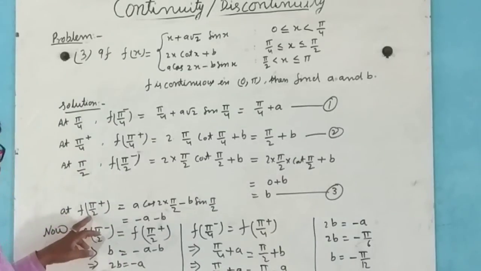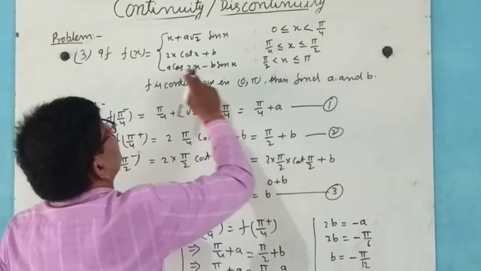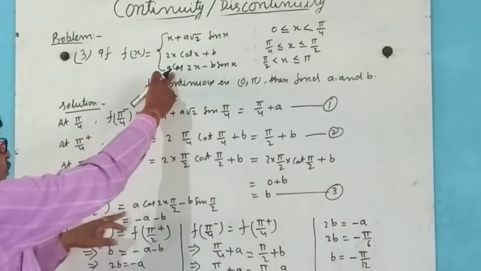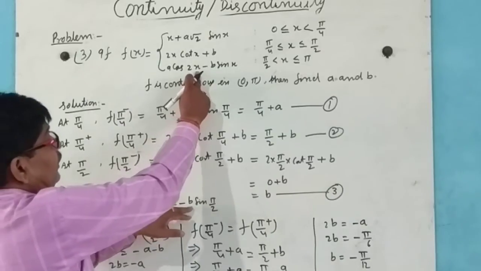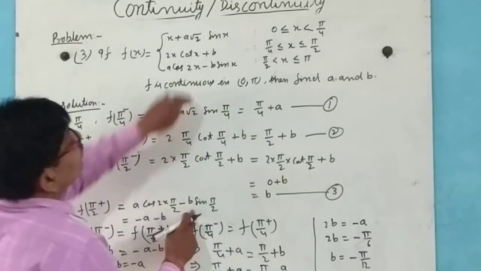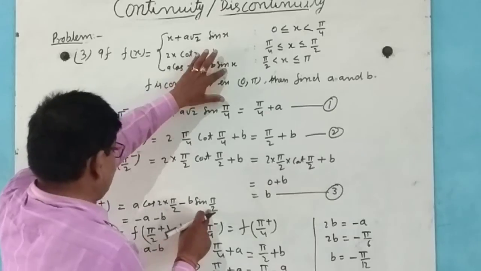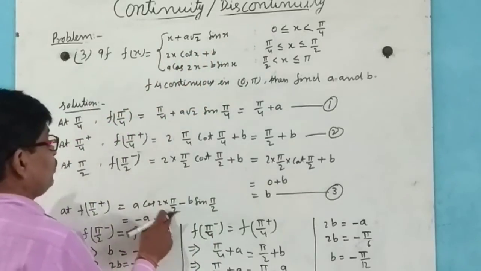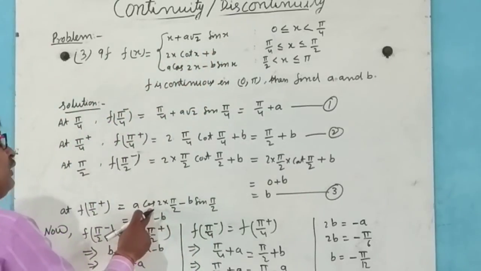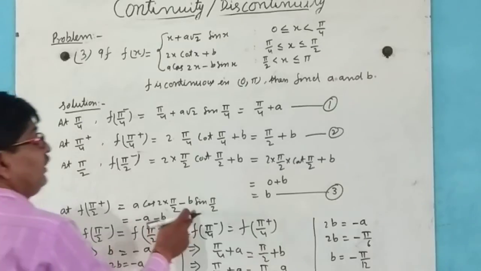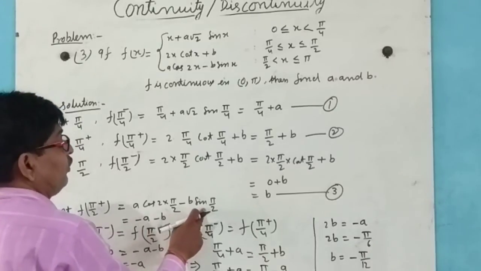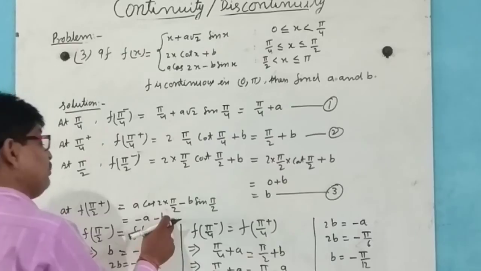Now on the right side at pi by 2, we have a cos 2 into pi by 2 minus b sin pi by 2. Here the 2 and 2 cancel, cos pi means minus 1, so this is equal to minus a, and sin 90 degrees equals 1, so minus b.